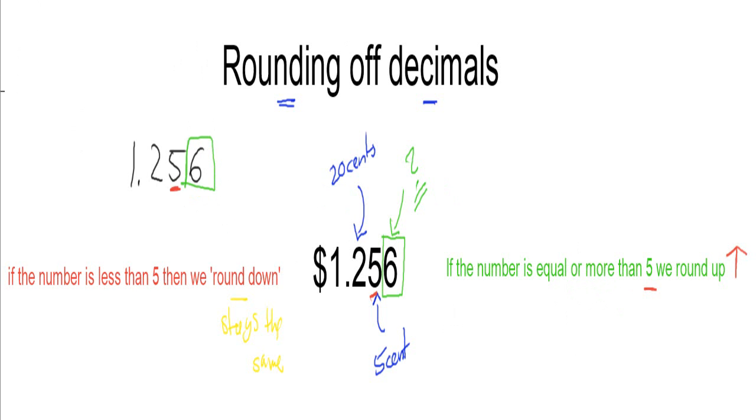That means we have to round up, and the number in front of it, which is the 5, becomes one higher. So it becomes $1.26, right? Now we have rounded up. It used to be $1.256, but then we rounded up to get to $1.26.